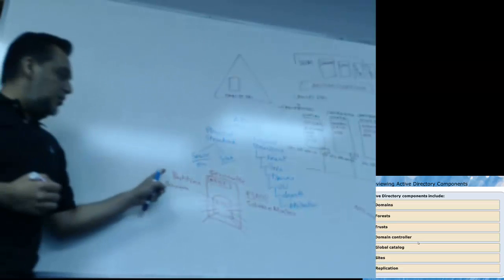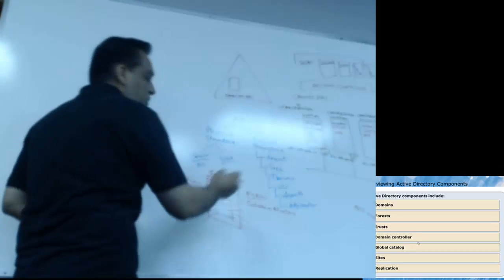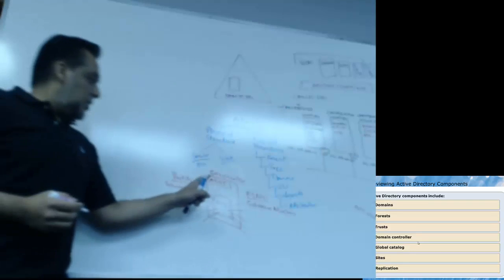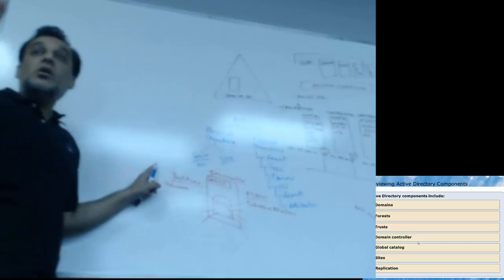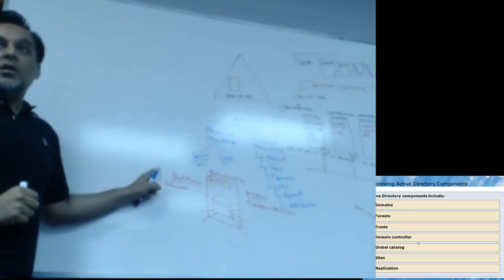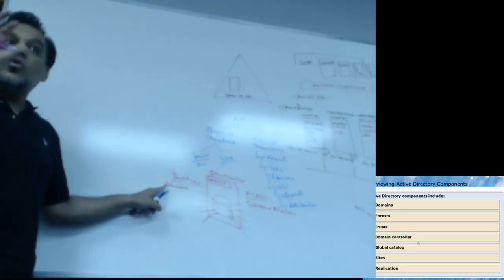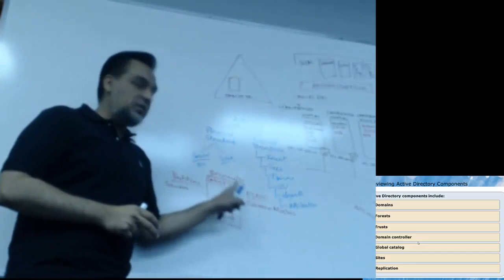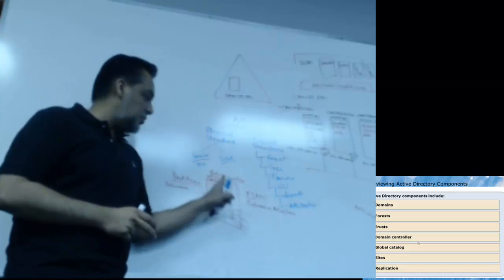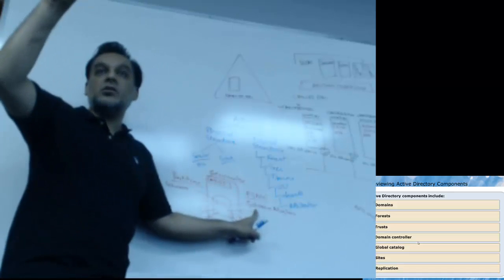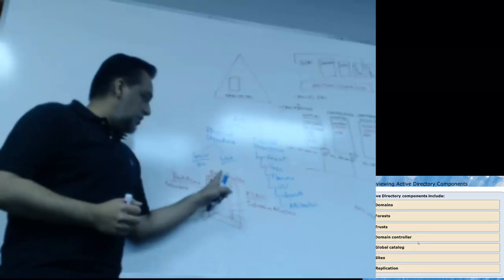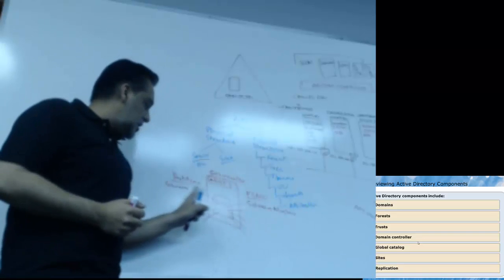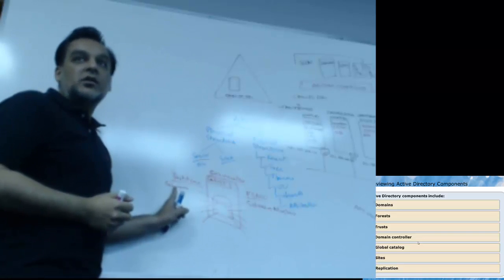Now, what is the main purpose of partitions as compared to FSMO roles? Partitions store information. This is where schema information is stored, whereas this is what privileges this DC has. This DC has the privilege of being a schema master, so on this DC you can make changes to this part of Active Directory.